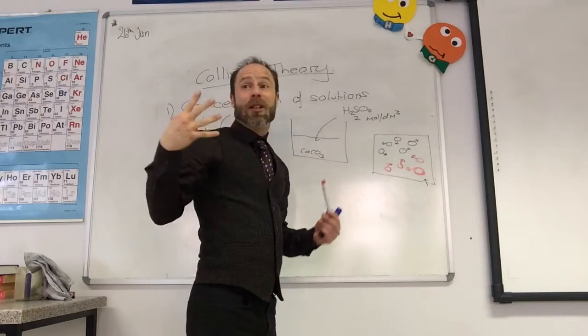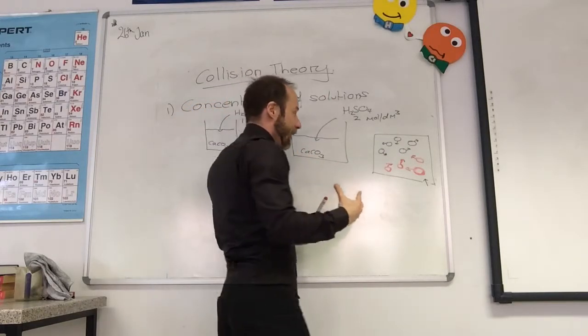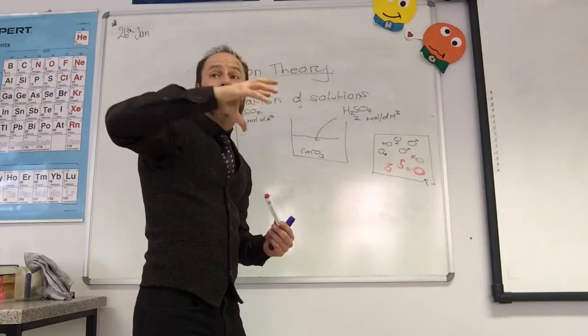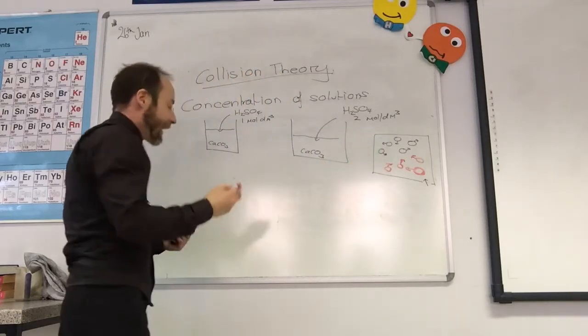So it's going to be a much faster reaction, it's going to be more successful. So by increasing the concentration, I increase the rate of collision, and it's more likely to happen.